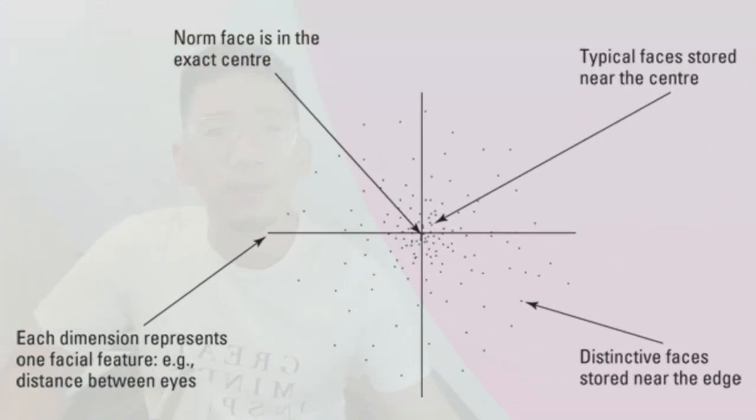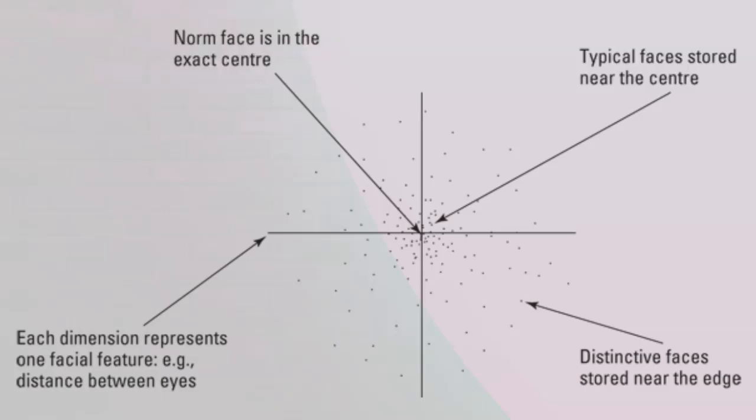Each dimension of the space represents a facial feature that people use to recognize faces. Valentine hasn't specified exactly what features are used in these processes, but eye tracking evidence suggests at least one dimension for eyes.